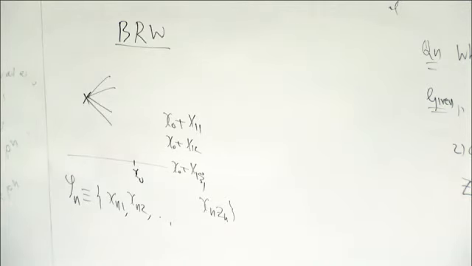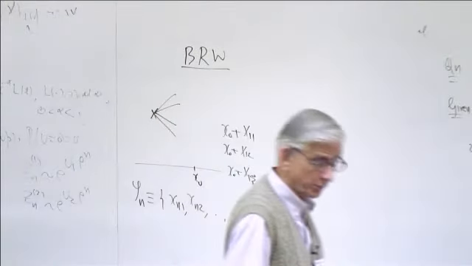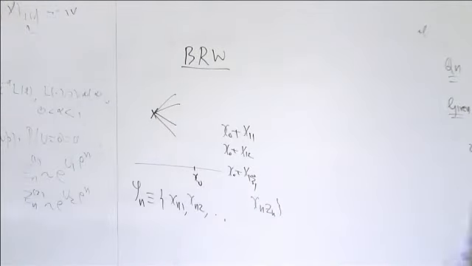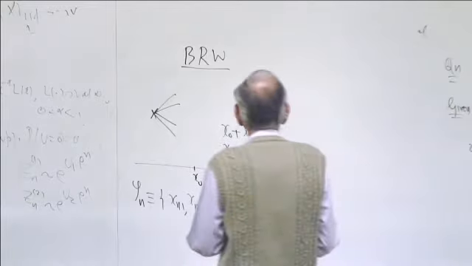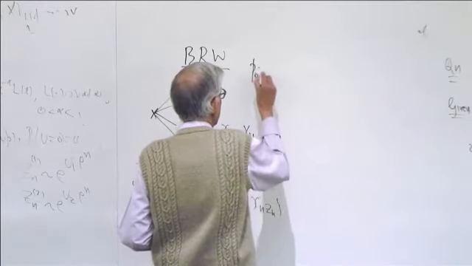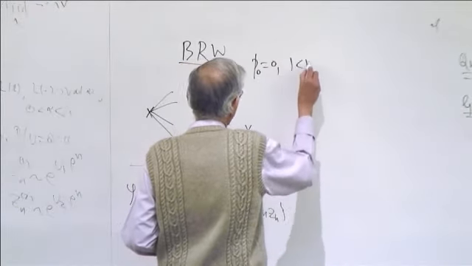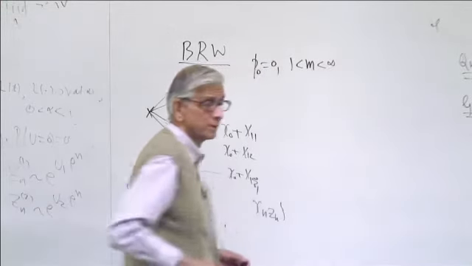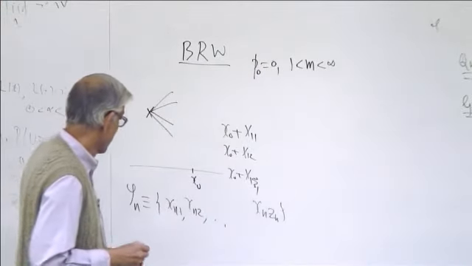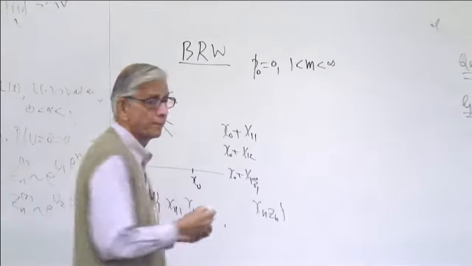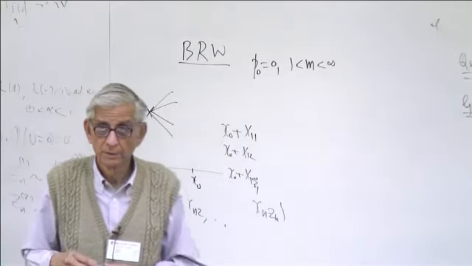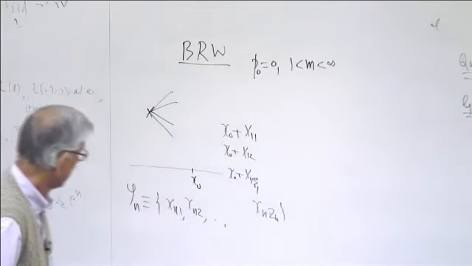The question is, what is going to happen to this? This question makes sense only if we assume that p0 is 0 and 1 is less than m less than infinity, for the moment. Consider that case. What will happen to this point process as n goes to infinity?